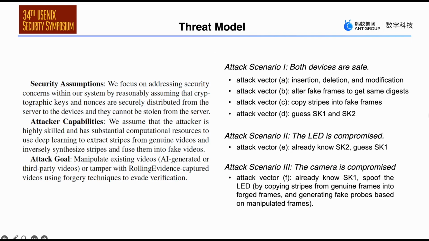Our threat model assumes secure key distribution and sophisticated attackers capable of forging strips via deep learning. We assess 3 scenarios: both devices secure, or either the camera or LED compromised. 6 attack vectors, that is A to F, are evaluated, excluding the case where both devices are compromised.